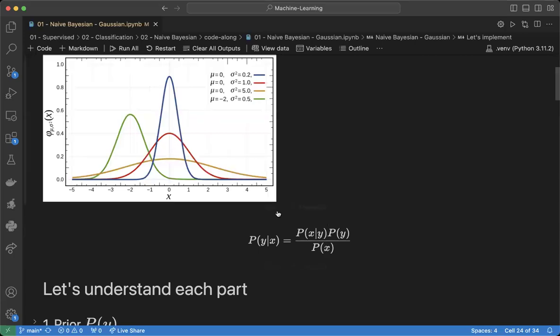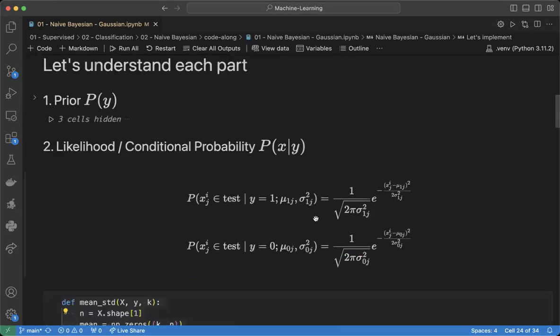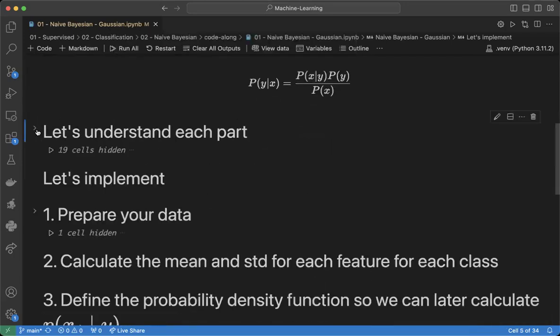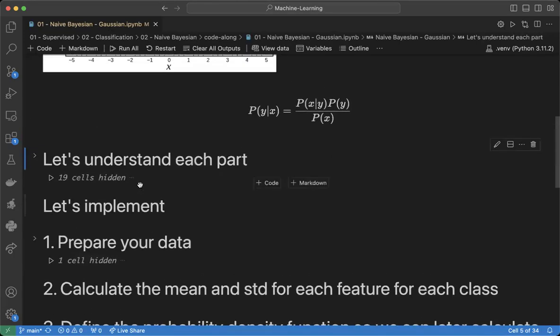To do that, you just use this formula, and this one, Px given y, is basically just calculated by the Gaussian distribution. The common question you may have then is, can I use a different distribution, not Gaussian? And the answer is yes. That's why this algorithm is called naive Bayes with the Gaussian distribution. So hopefully now you understand naive Bayes.